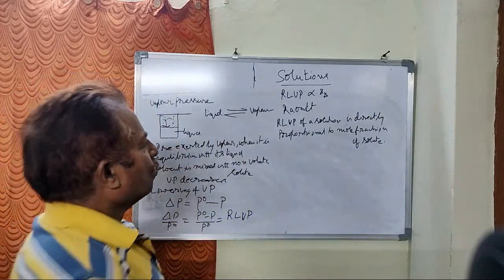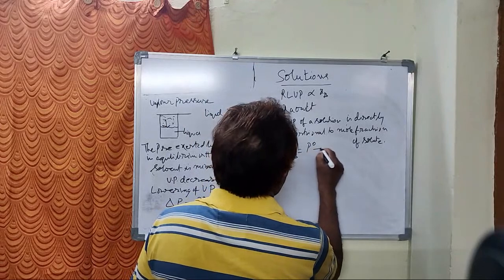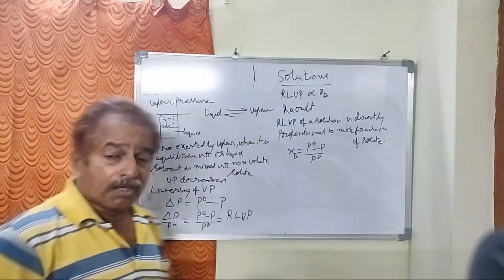So XB is nothing but P0 minus P by P0. This is the relative lowering of vapor pressure.